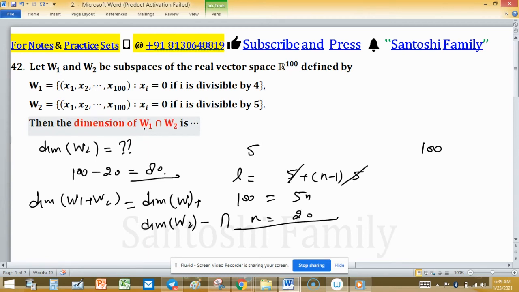Suppose I take y. If y is in the intersection, then y is in W1 and y is in W2, so y will satisfy the properties of W1 and W2 together.